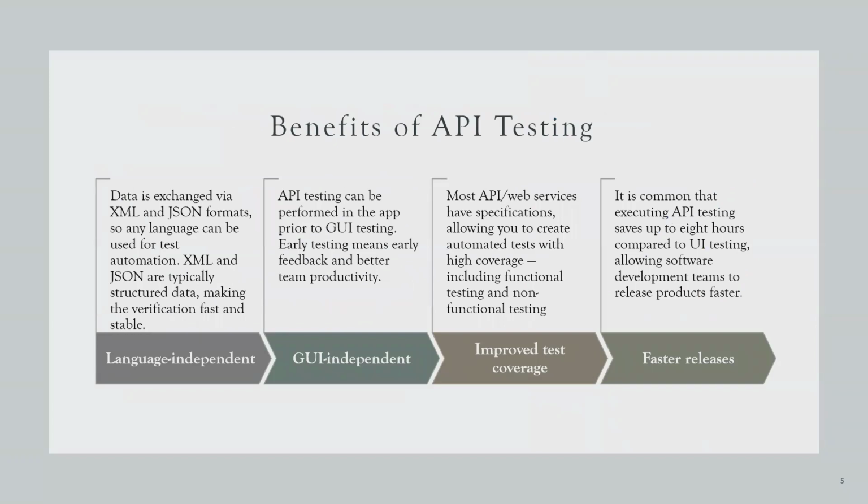Benefits of API testing. Data is exchanged via XML and JSON format, as I said. So normally this testing is done on XML and JSON format, which is typically structured data, making the verification fast and stable. This is called language independent. Generally, in XML format we are verifying the complete transaction structure in request and response.